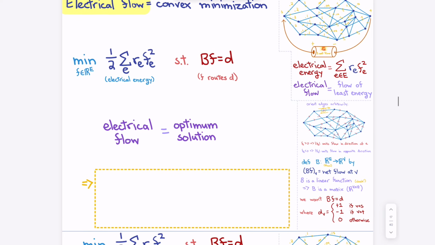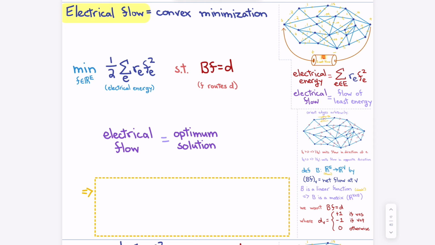So at some level, the electrical flow is just a relatively simple convex minimization problem, right? Minimizing a sum of squares is your canonical convex function, but it's subject to flow constraints. And the electrical flow is just the optimum solution of this basic problem.